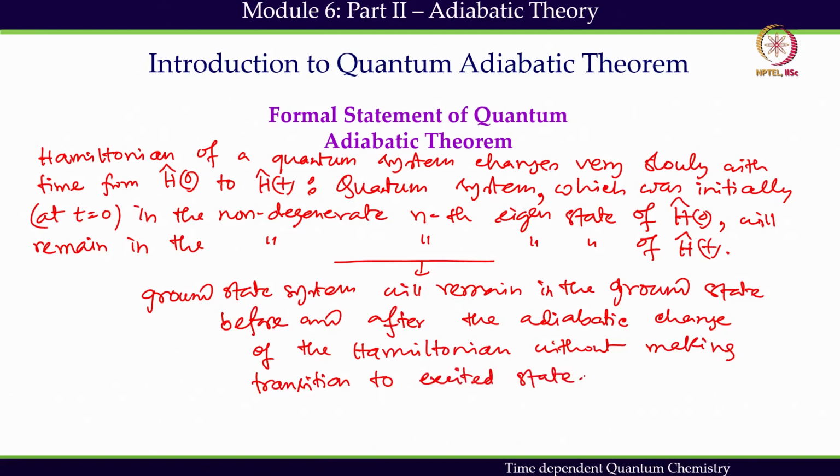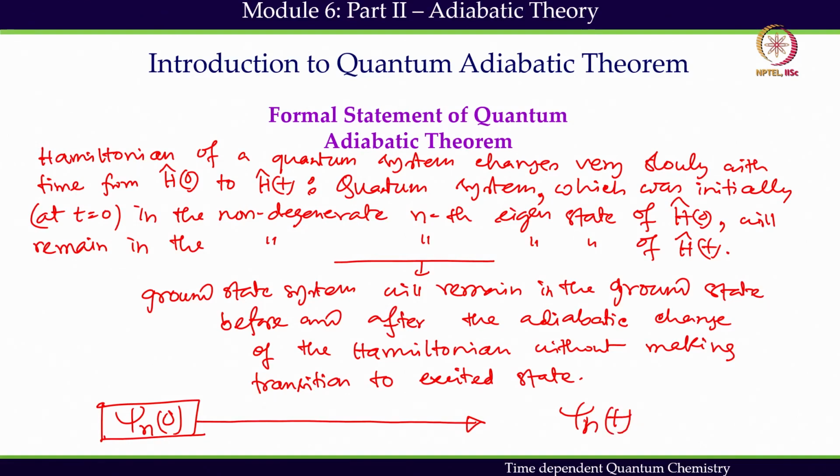So, ground state will remain in the ground state, but the wave function which was before psi n0, in this case the ground state, is now psi n t, but it has an additional phase. The phase is e to the power i gamma nt and e to the power i theta nt.